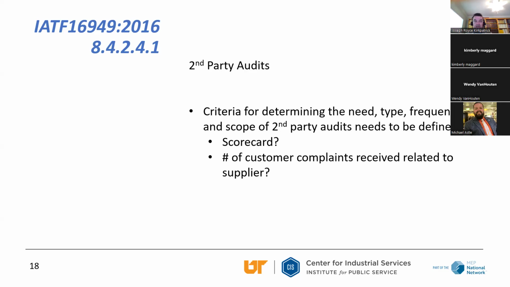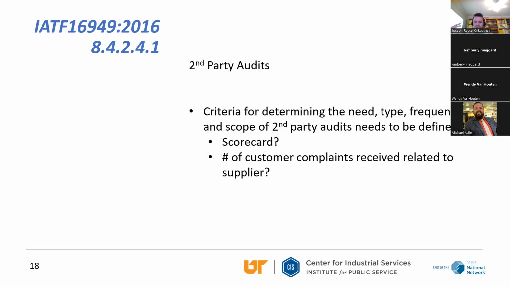The criteria should also include customer complaints. You know, if we receive customer complaints from a customer that are caused by a supplier of ours, that probably makes sense that we should be auditing that supplier. Or maybe if they have a certain number of complaints related to them. But we shall have a system in place, and it should be based on risk.